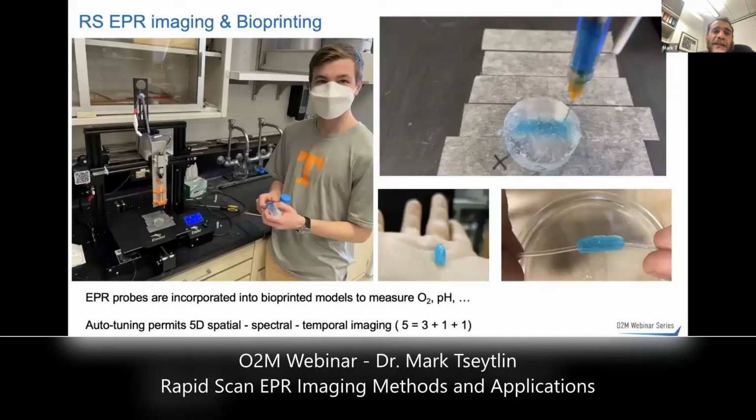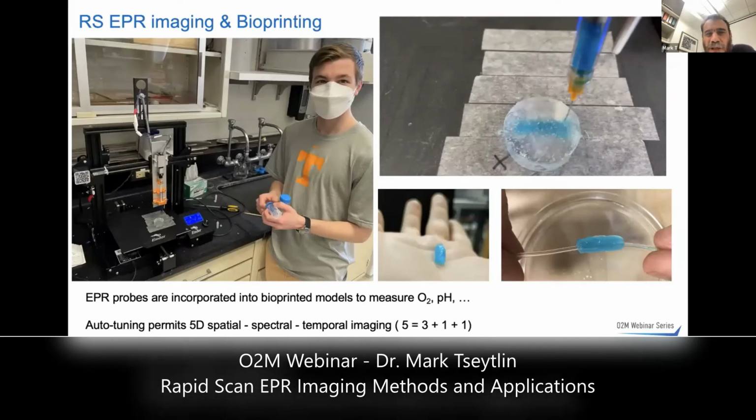Another project: it is becoming obvious that rapid scan imaging will be a great tool for bioprinting, especially for thick objects, because you really want to know if oxygen and other nutrients are delivered in your bioprint. You want to know what the pH is, and for that rapid scan will be a great tool.